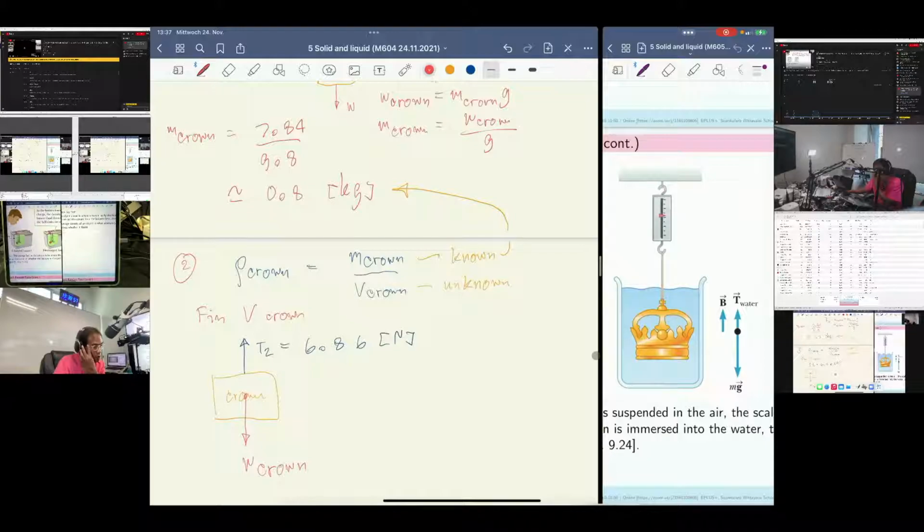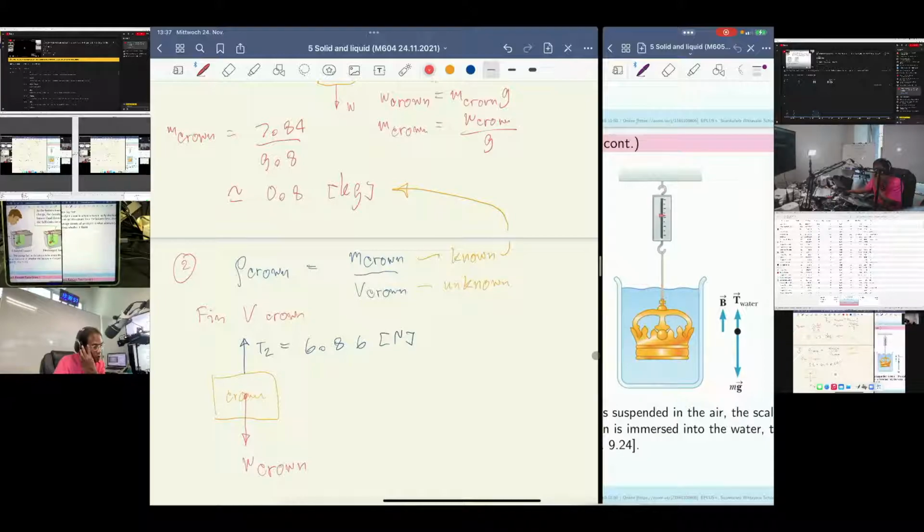And W crown pointing down is going to have the coefficient of -1. T2 plus B minus W crown equals 0, right? And what we don't know yet is this one, right?